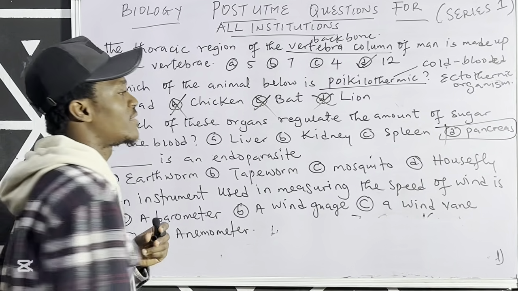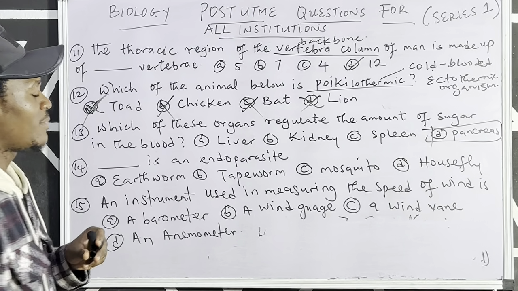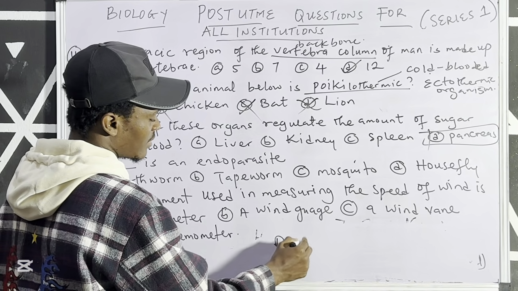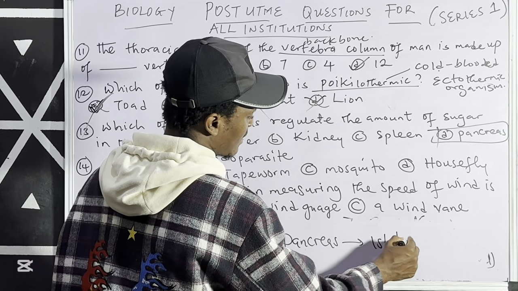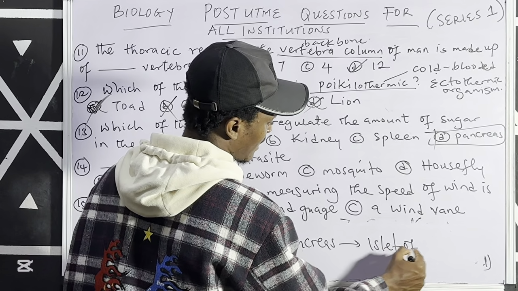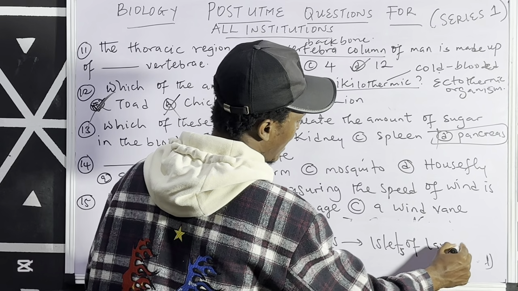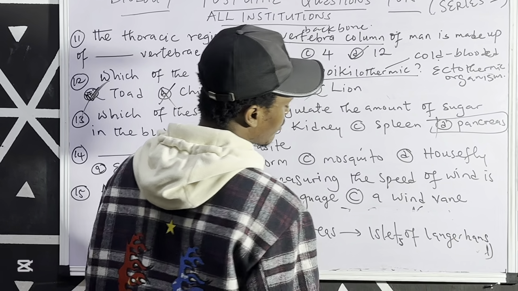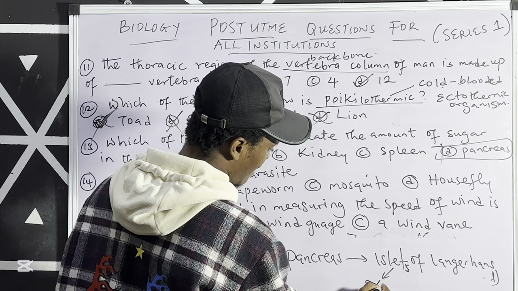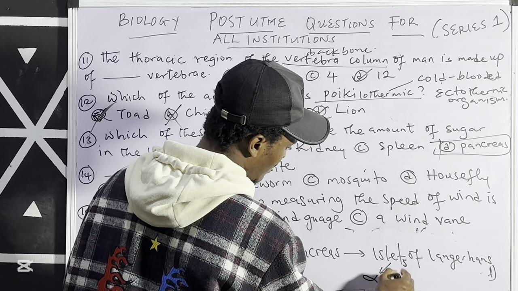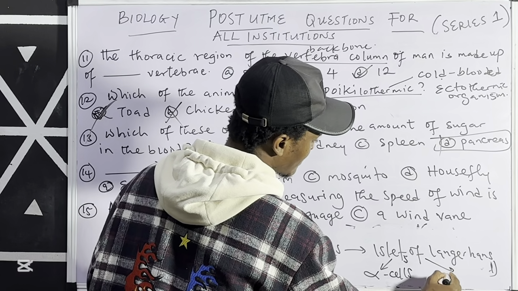Why is the pancreas seen to be the correct answer? Because the pancreas contains special cells that are regarded as islets of Langerhans. And these islets of Langerhans contain the alpha cells, and they also contain the beta cells.